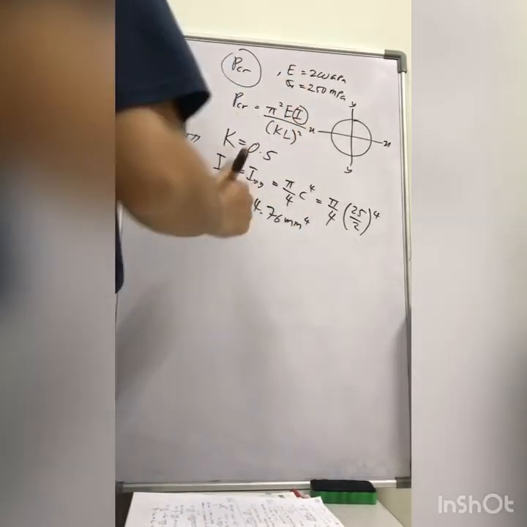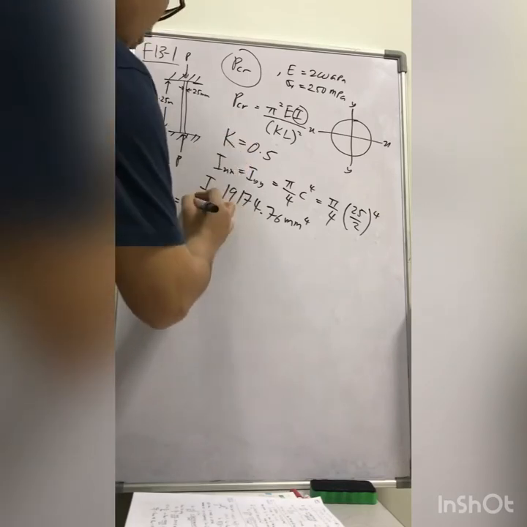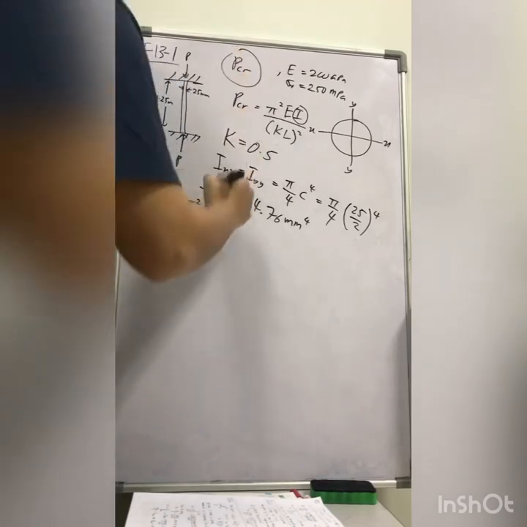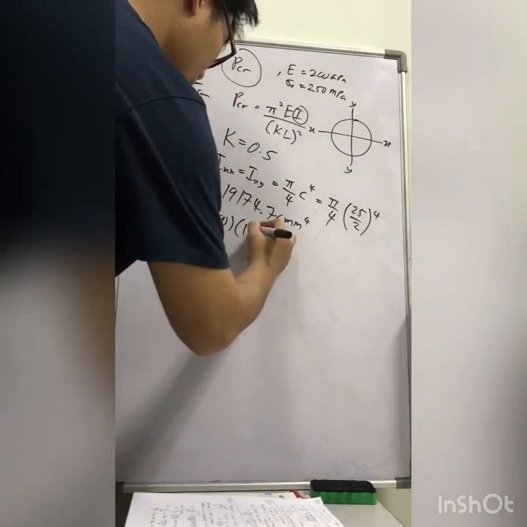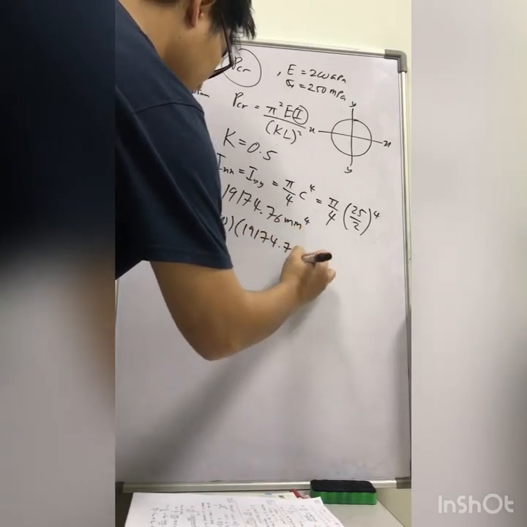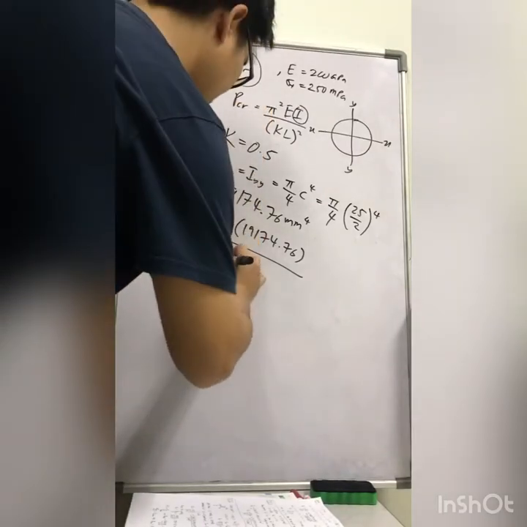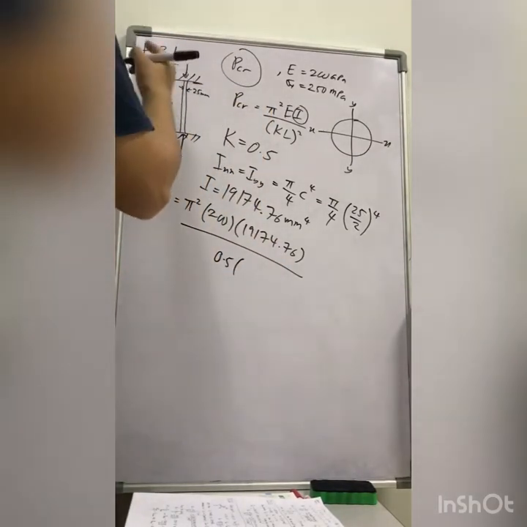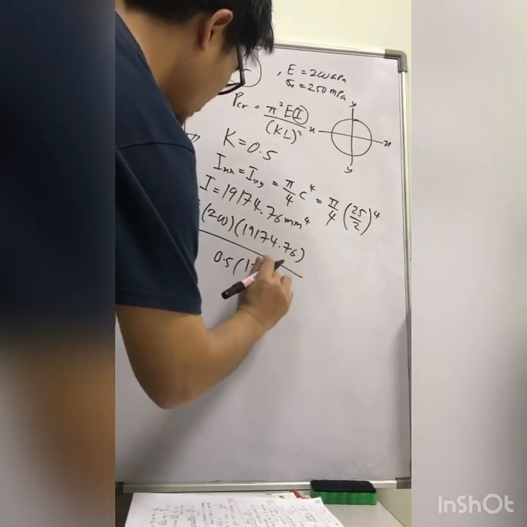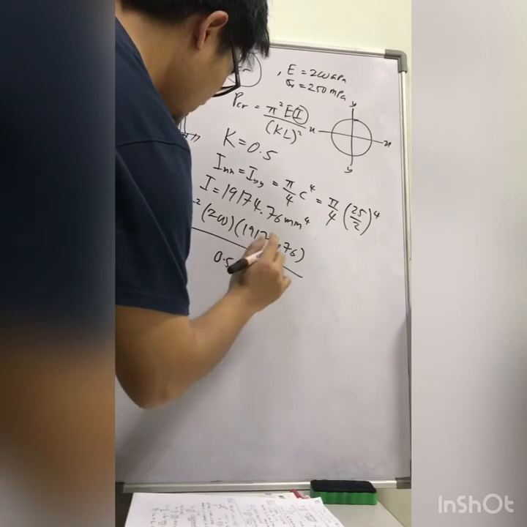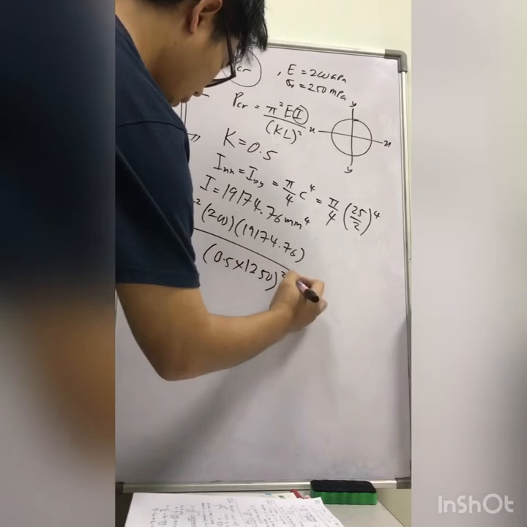Now we put everything into the equation. Your P critical load is pi squared, E for steel which is 200 gigapascal, and I which is 19174.76. In the denominator, K is 0.5 times L is 1.25 meter; here I change to millimeter, 1250, and this is squared.